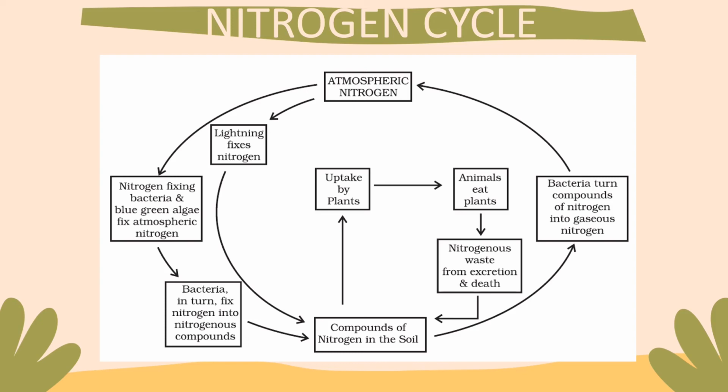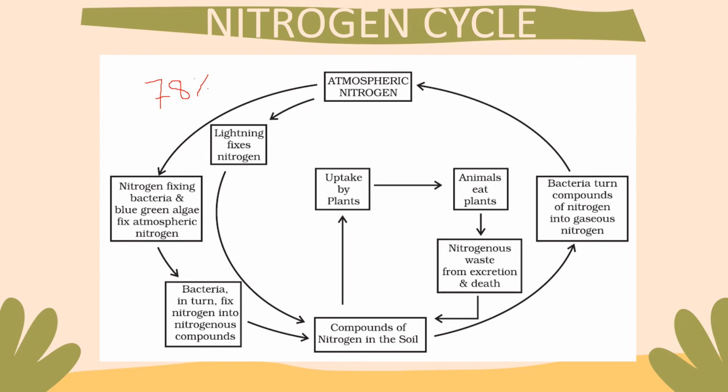Friends, we already know that the atmosphere contains 78% of nitrogen. And we already studied nitrogen fixation, wherein we convert atmospheric nitrogen into nitrogenous compounds with the help of rhizobium or blue-green algae or through lightning.